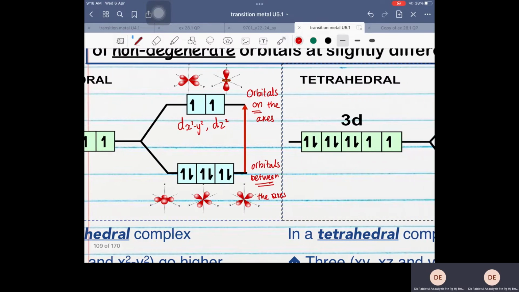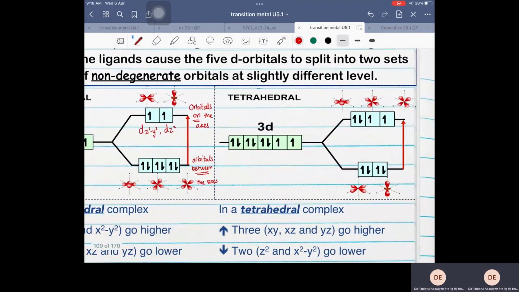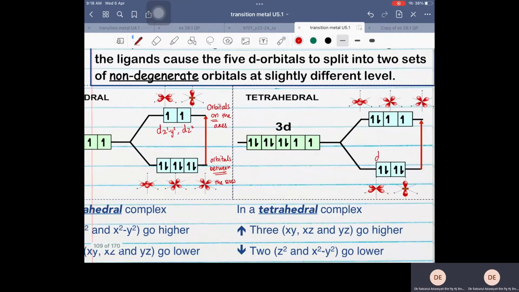For tetrahedral, it's the opposite. Dx square minus y square and dz square, which are the orbitals that sit on the axis, feel less repulsion because your ligands are not coming along the axis, they come in between the axis.